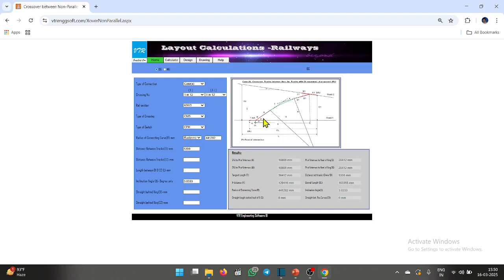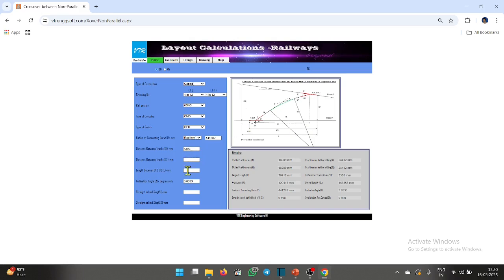Here you can do it two ways. One is giving the inclination angle directly, or if you don't know the inclination angle, we can measure the distance. Suppose this is the place we want to introduce. Here we measure the distance, and another distance we measure between the track centers, and the distance to the point where you have taken the distance, that also you have to measure.